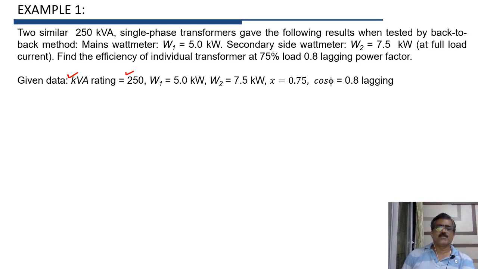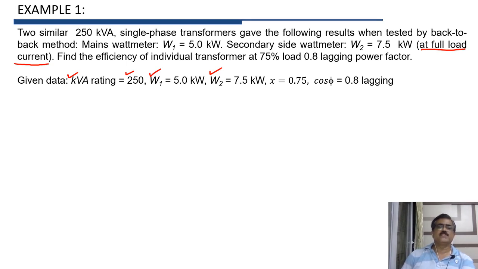Then the readings of back-to-back test: mains wattmeter W1 is 5 kilowatt, means on the primary side wattmeter reading W1 is 5 kilowatt, and secondary side wattmeter W2 is 7.5 kilowatt. At full load current, means current through winding is full load current, so W2 shows copper loss at full load.